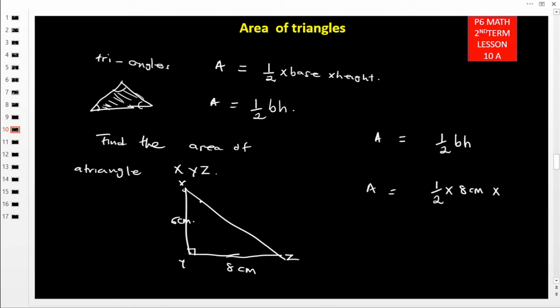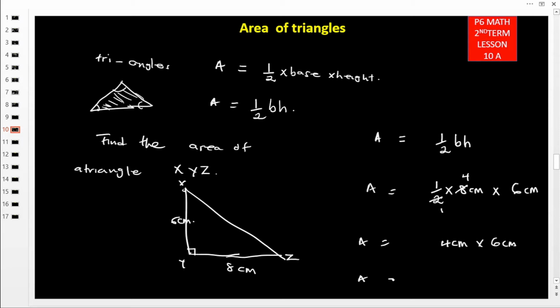This is the height, and this one is the hypotenuse. The height here is 6 centimeters. So 2 divides into 8 and into 6, so one over 2 times 8 gives us 4. Therefore our area is going to be 4 centimeters times 6 centimeters.